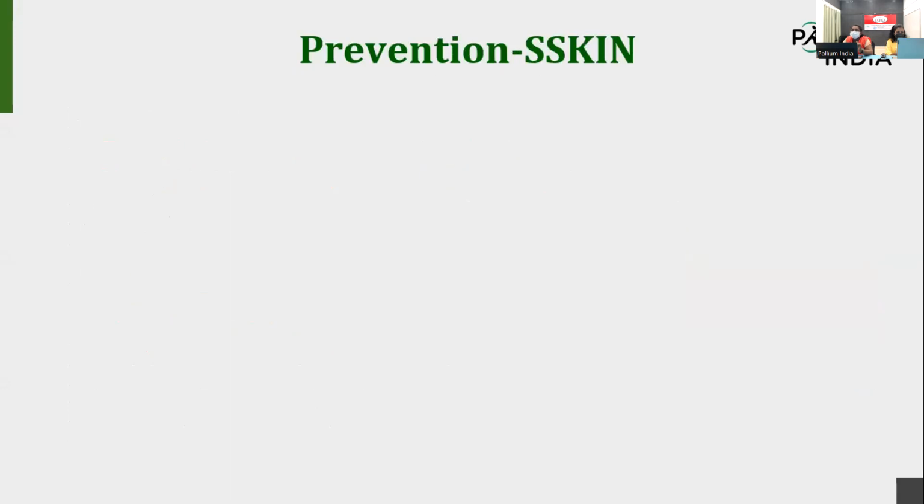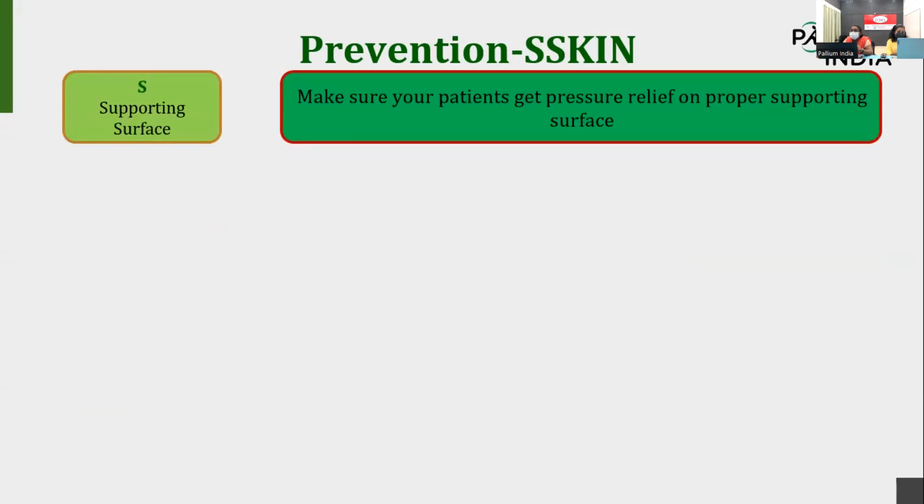This is a small tip: SKIN. Whenever you see a bed-bound patient, you can keep it in mind. This is the prevention of pressure ulcer. The first S is supporting surface. You have to look into whether the patient has a proper supporting surface.